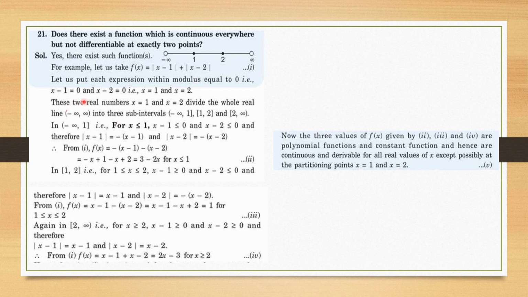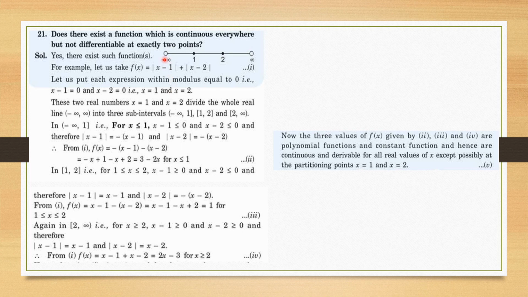Now these two real numbers, x equal to 1 and 2, divide the complete real number system into these intervals: from minus infinity to 1, 1 to 2, and from 2 to infinity. So you will break it into 3 intervals.